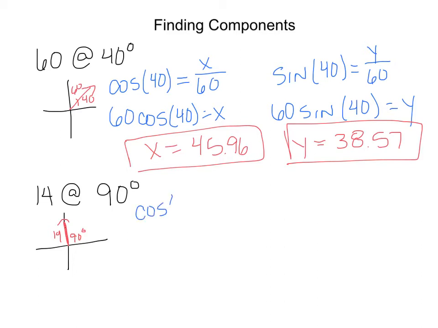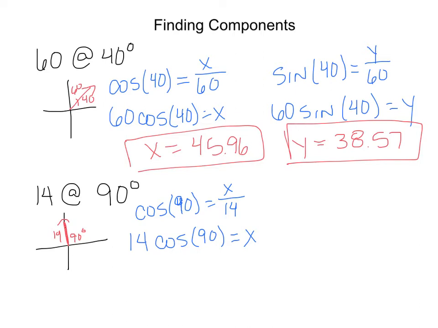So the cosine of 90 is going to be the x part over the magnitude, which is 14. So we're going to have 14 cosine, I wrote 40, it should be 90, sorry, equals x. And then again, we're going to use our handy dandy calculator to do this for us.